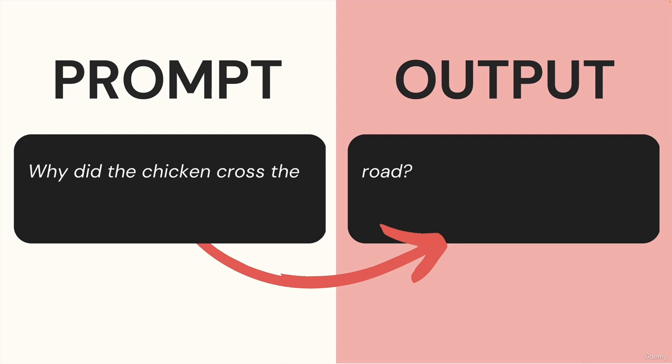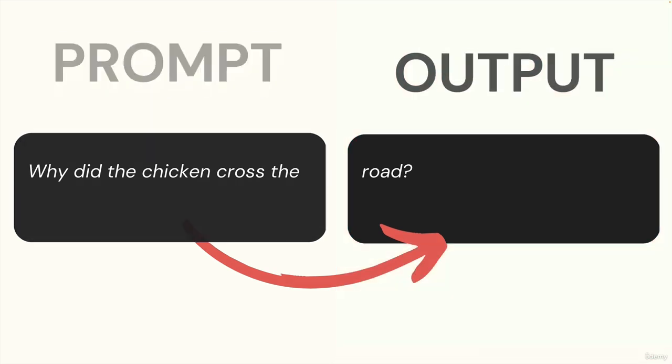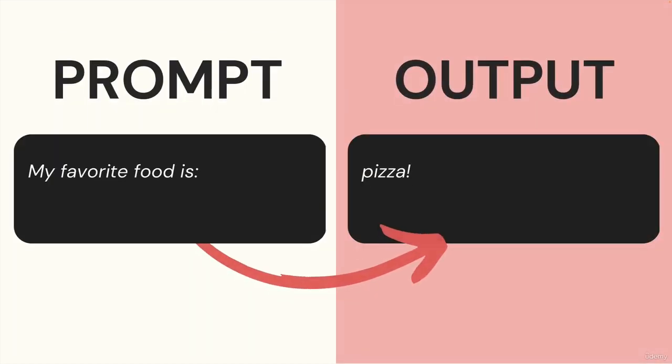And then just by giving it this piece of text, it will try to complete with the next most probable choice, the next best word that it thinks fits that prompt. So why did the chicken cross the, and then road could be the next word we get as the output. We can do things like, my favorite food is colon, and then it will fill it in with what it thinks is the most probable next word.